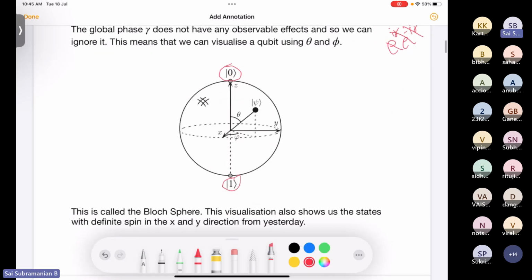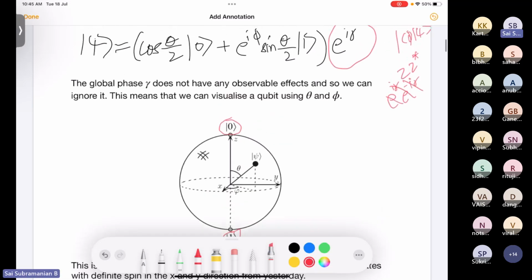And if you remember the states we defined for spin half systems, we defined an x plus state, which was 0 plus 1 by root 2. If you don't remember, or you didn't attend the previous session, just take this for granted.